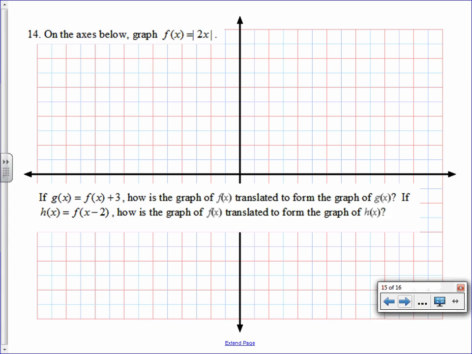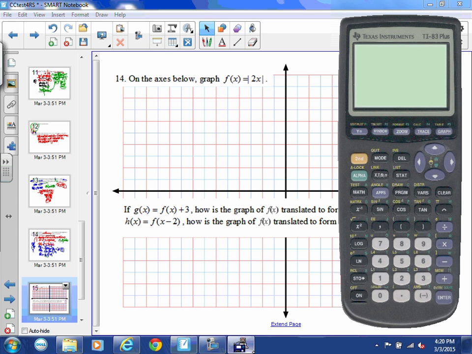On the axis below, graph f of x equals absolute value of 2x. Let's get my calculator out. Again, my absolute value is a little bit different than yours. Not a big deal. Still press the same buttons. If you don't know what buttons to press at this point, well, I don't know. Here you go.